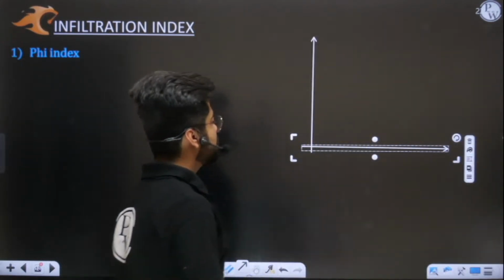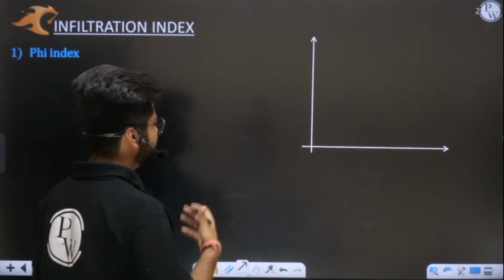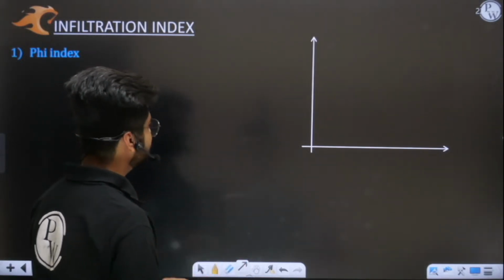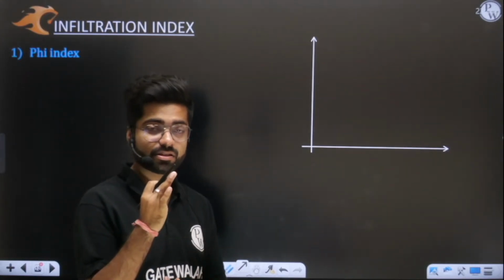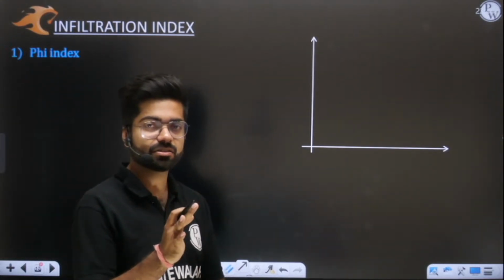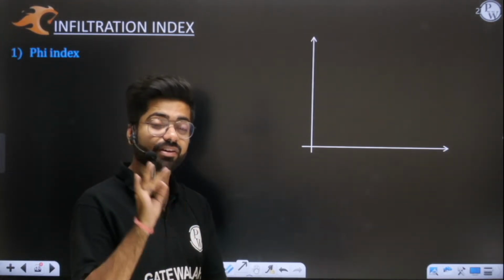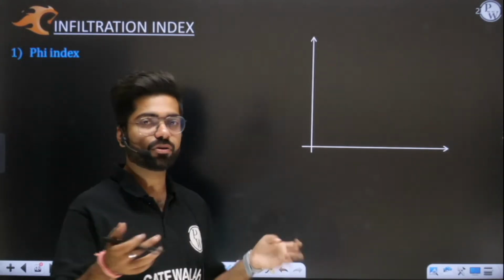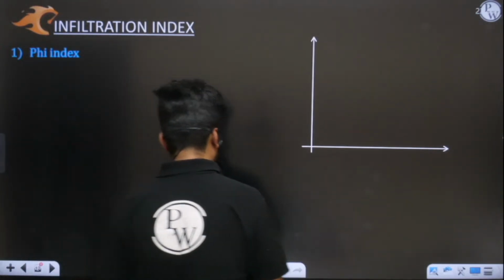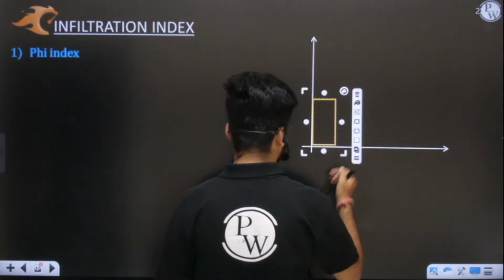So let us say we have to find phi index. Sir, first tell me what is the meaning of phi index? The meaning of phi index you will understand only by drawing the hydrograph. The very first thing you have to do every time whenever it comes to phi index is draw the hydrograph first. So let us assume we have a certain kind of hydrograph here.